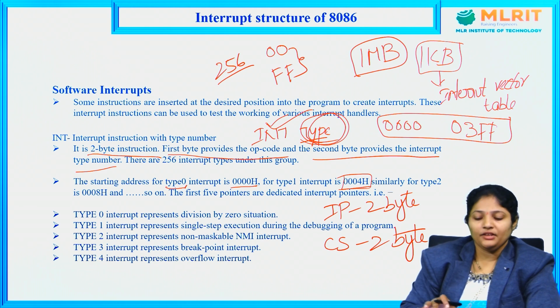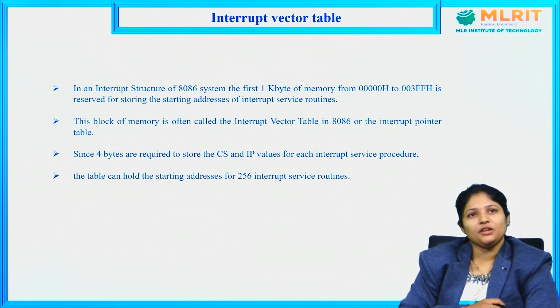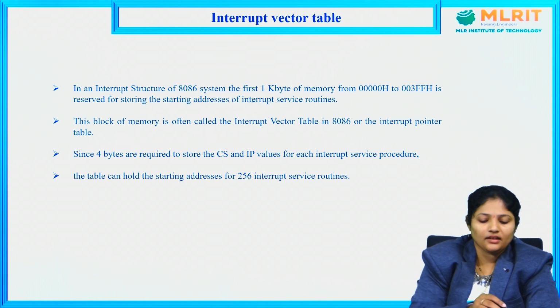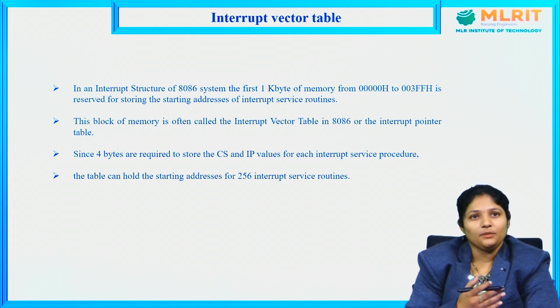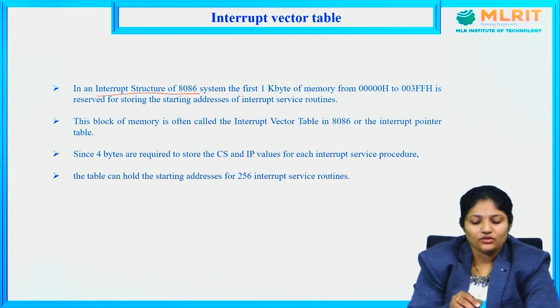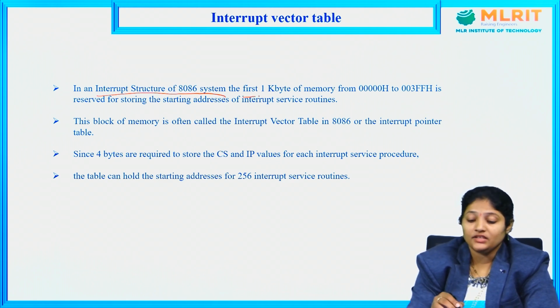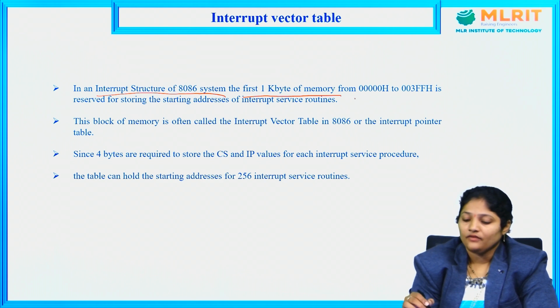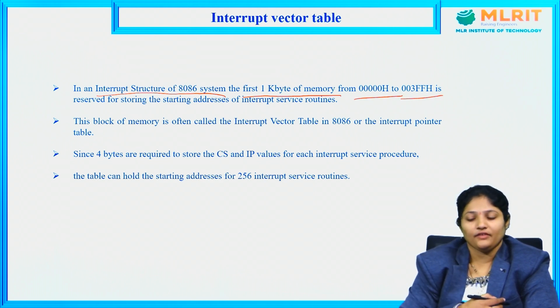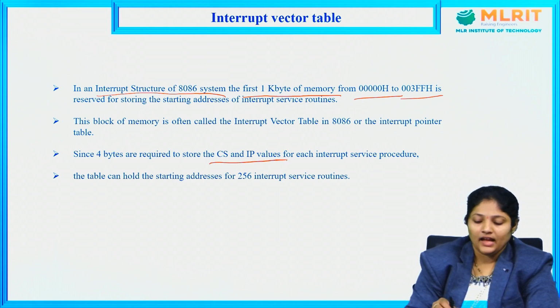Coming to the interrupt vector table. As I already told you, the interrupt vector table is the table which stores the CS and IP values of each interrupt procedure. The interrupt structure of 8086 is the first kilobyte of memory, from 00000 to 003FF locations. The vector table stores the CS and IP values.